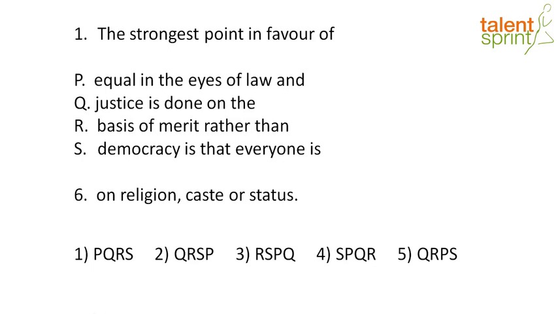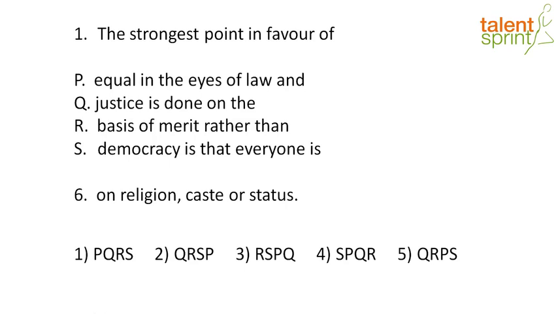Here we have, the strongest point in favor of who? Favor of, again I need the subject, right? Remember, questions who or what always point out to the subject. Favor of justice is done, favor of basis, favor of democracy. Democracy here is my subject. So the strongest point in favor of democracy is that everyone is what?